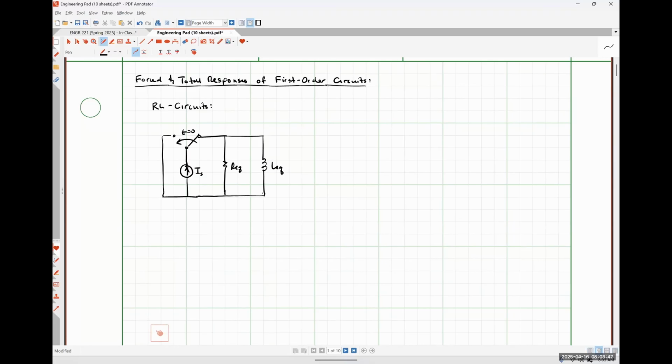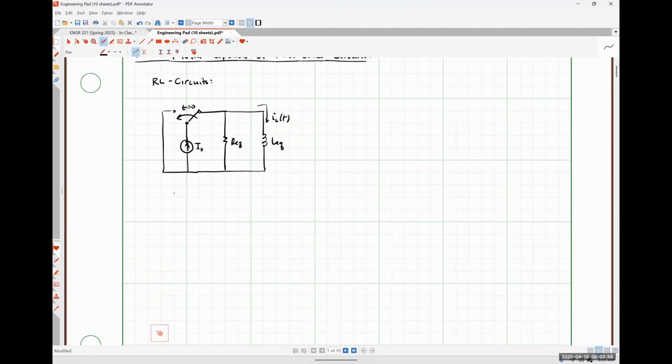And what we derived for our inductor current and everything in general, based on an extension of what the inductor current is doing, is that our natural response was of the form y sub n as a function of time would have been equal to y at 0 minus for t less than or equal to 0 minus and y at 0 plus e to the negative req over leq multiplied by time for t greater than or equal to 0 plus.